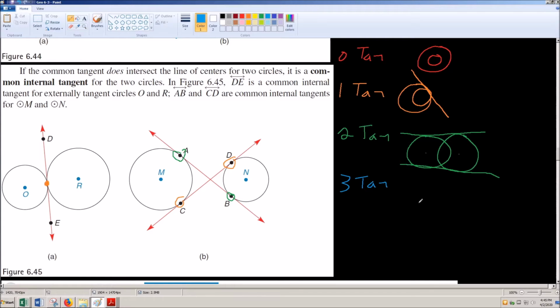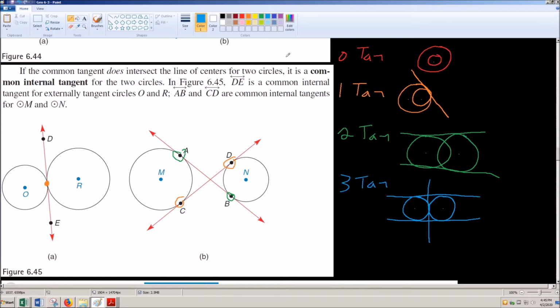If I wanted three tangent lines, I'm probably going to look something like this, where I've got one tangent across the top, one tangent across the bottom, and one tangent in between where those two circles are intersecting. So center, center on the circle. I didn't put centers on these ones, but there we go.